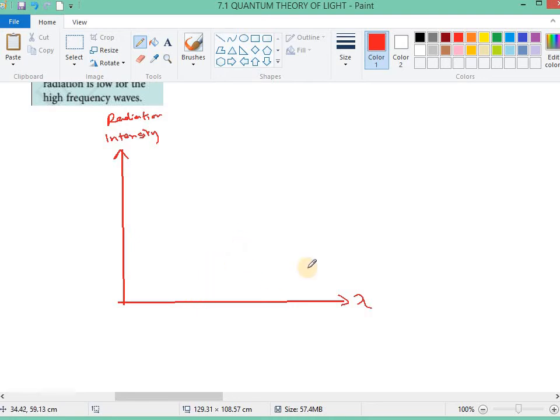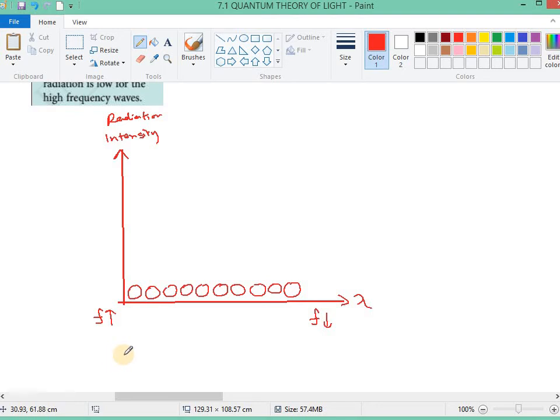Let's say I draw particles, 1, 2, 3, 4, 5, 6, 7, 8, 9, 10. This 10 circle represents the particles that oscillate at different frequency. Here is the lower frequency because longer wavelength means lower frequency, and over here is where the frequency is very high.